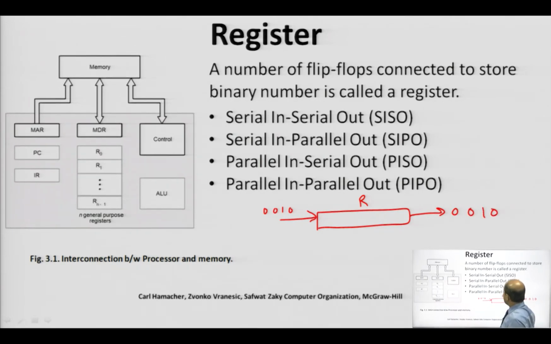And in the second category, that is serial in, parallel out, it takes the input in serial number of bits and produces the output in parallel way. And in the third category, it takes the input in a parallel way and produces the output in a serial way. And in the last, it takes the input in parallel, all the n bits are taken as input and all the n bits are transferred as output in parallel way.